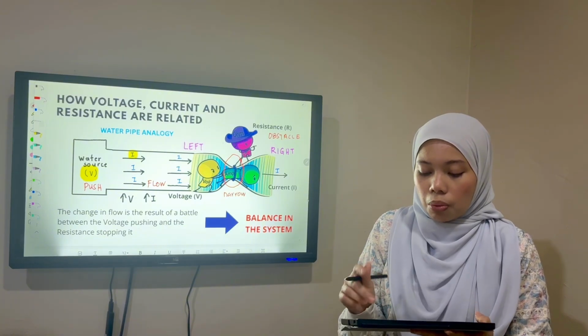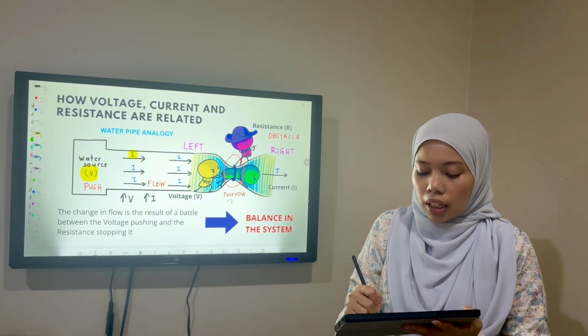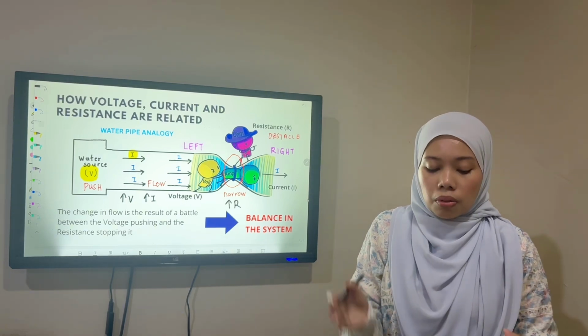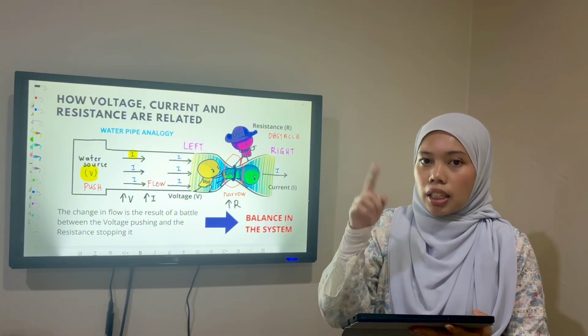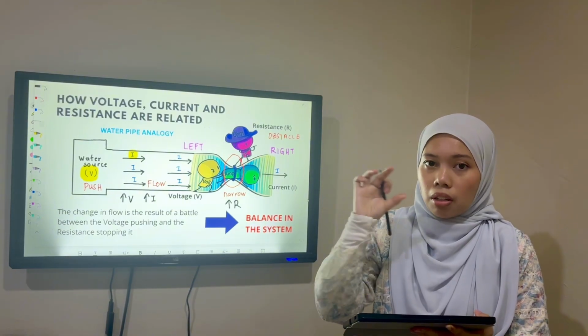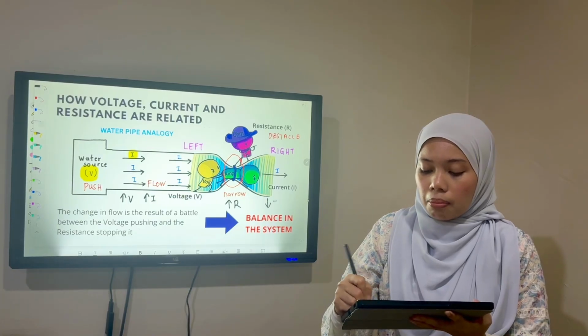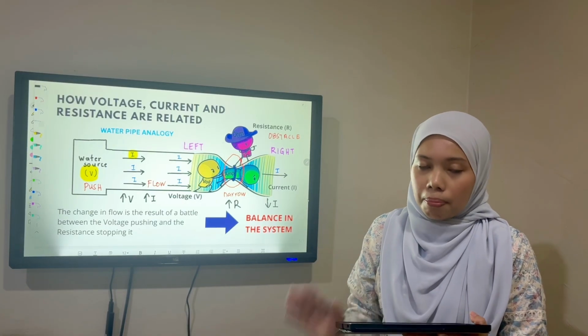What happens when this area becomes narrow? It will produce a high resistance. So when the current flows from the left side to the right side, the resistance is high at the narrow part of the pipeline. What happens? It will reduce the amount of current flow at the right side of the pipe.